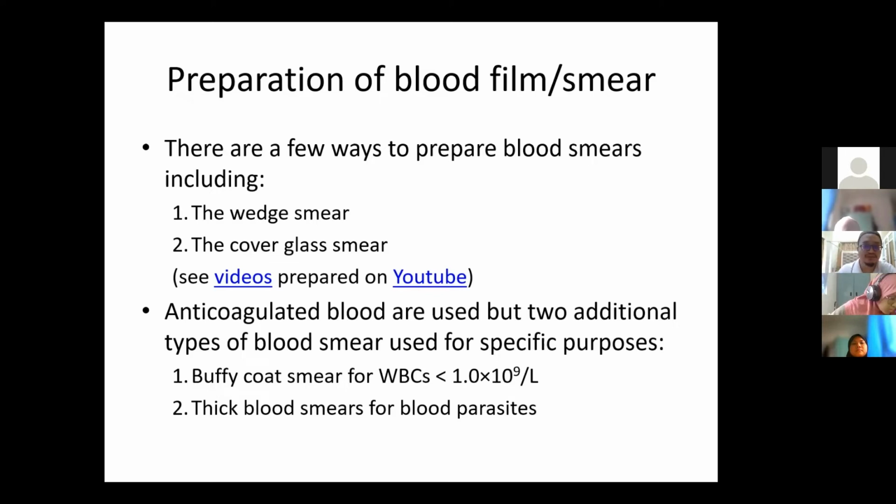So apart from the blood from the EDTA tube, sometimes we use other materials, like the buffy coat smear.